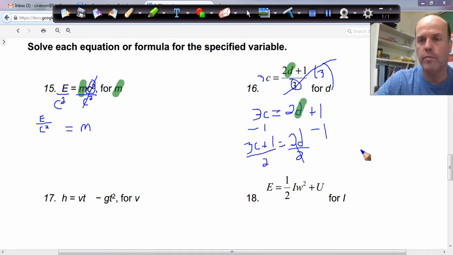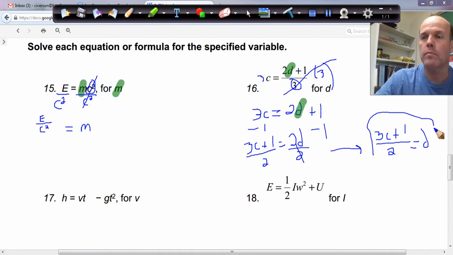Those cancel. So I get, draw a little arrow over here, so I get 3c plus 1 over 2 is equal to d. There we go. Alright. Let me wipe my board so I can scroll down.